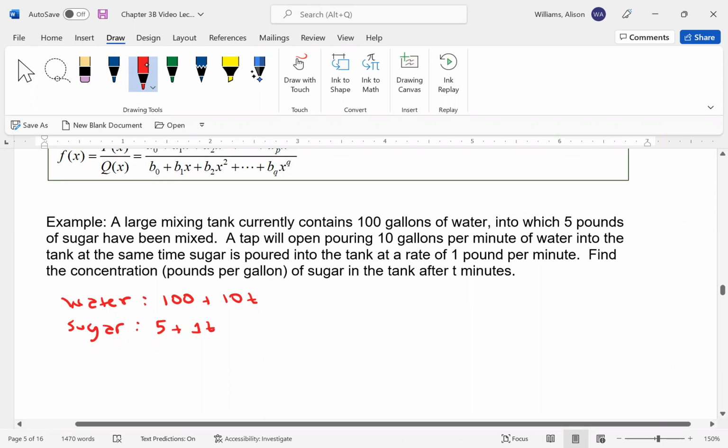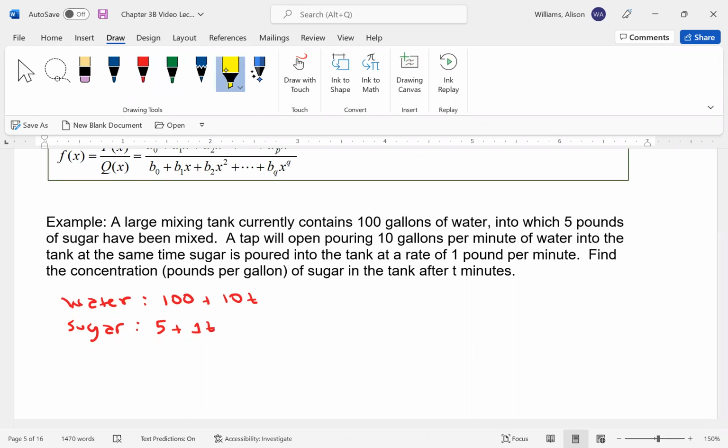So pounds per gallon is implying that we're going to look at how much sugar is in the water. In other words, it's going to be the sugar over the water, pounds per gallon. The per is implying that gallon is what we're dividing by. So the concentration then is sugar amount over water.